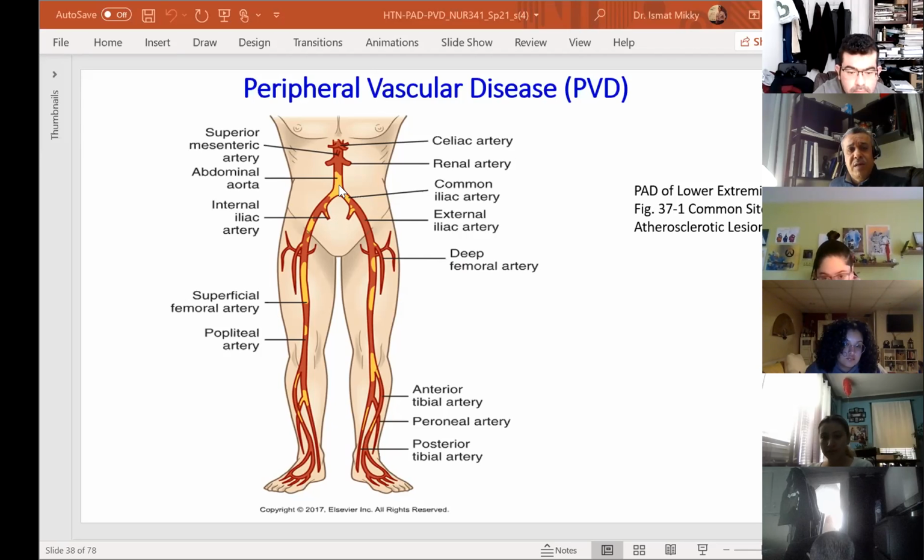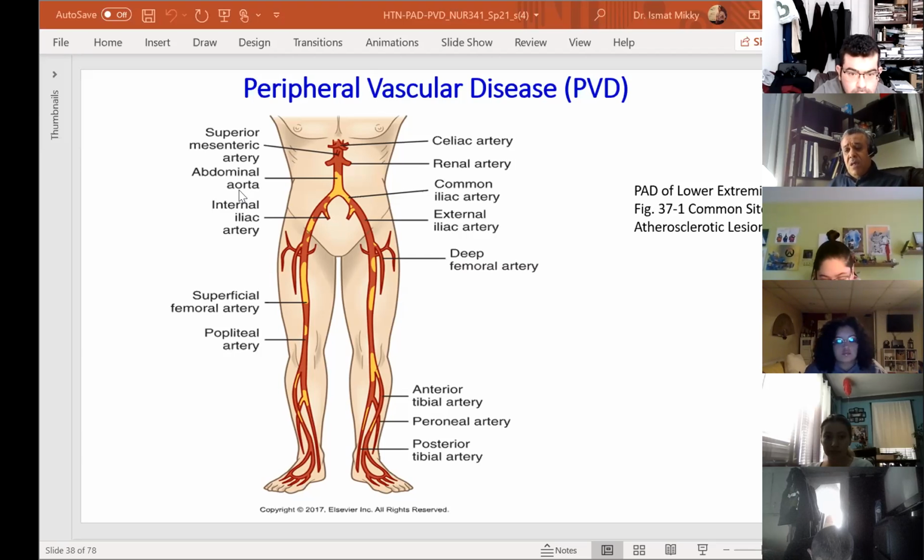So those are the most frequent lesions, called atherosclerotic lesions. Even the aorta will be affected too, and the lower extremities.